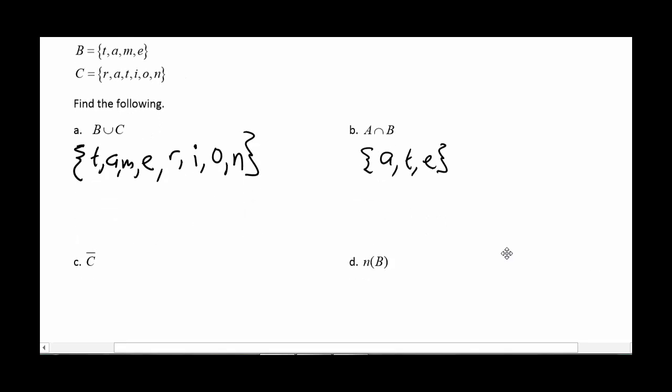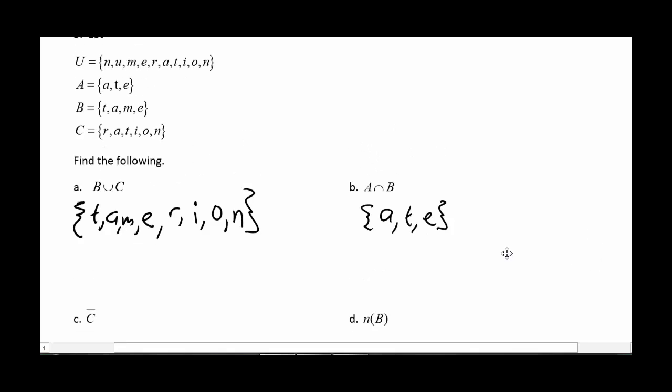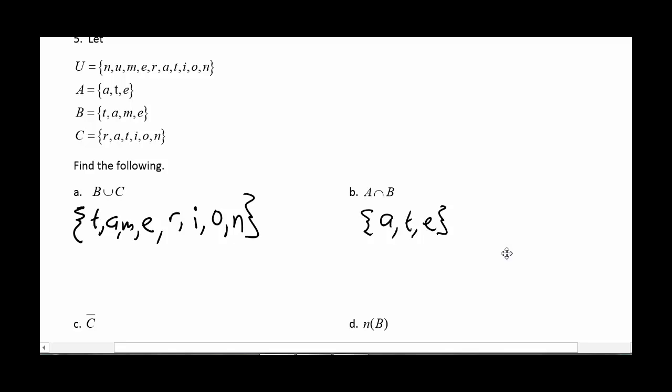Next up is the complement of C. So complement means go to the universal set and look for things that are in the universal set but aren't in C. So for example, I see an N, so that means N's in C, so since N is in C, then I'm not going to put it in the complement.